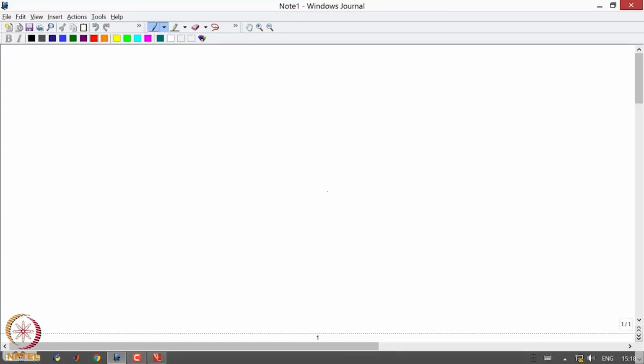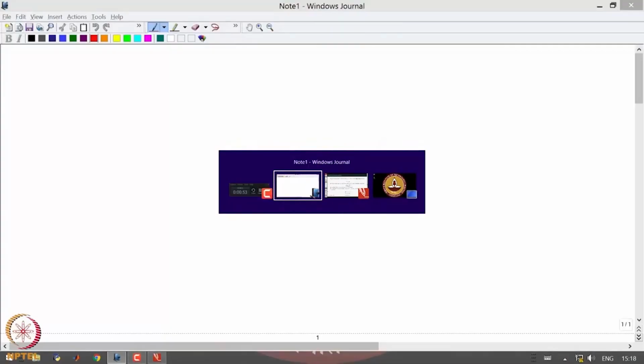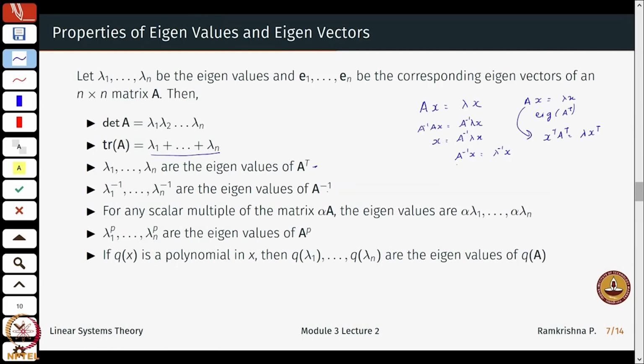One is that the eigenvalues remain the same for A transpose, and whatever was the right eigenvector of A is now the left eigenvector of A transpose. This is not surprising. Even this expression tells us the same. But the important property is that the eigenvalues of A are equal to the eigenvalues of A transpose.